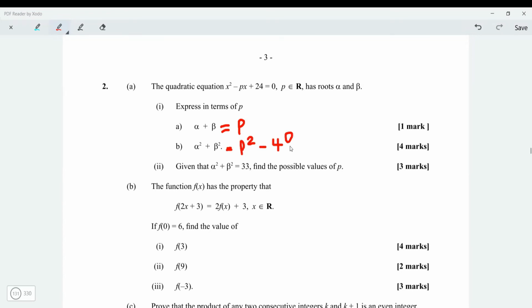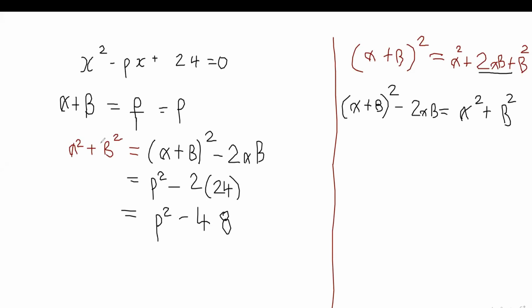Then here is what they say for part 3 now. Given that alpha squared plus beta squared is 33, find the possible values of p. Marika, they couldn't ask for anything easier. They tell us that alpha squared plus beta squared is 33. So just set this equal to 33. That's nice, right? Yes, sir. So we carry over the 48 to get p squared equals 48 plus 33, that's 81.